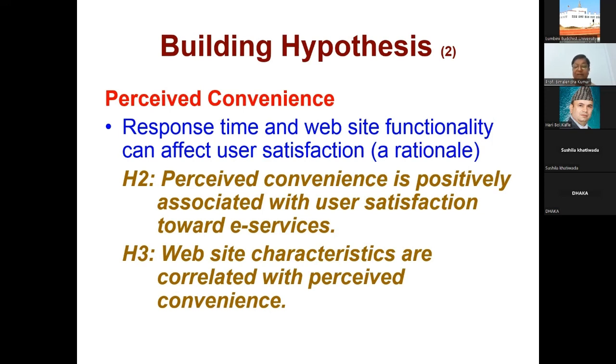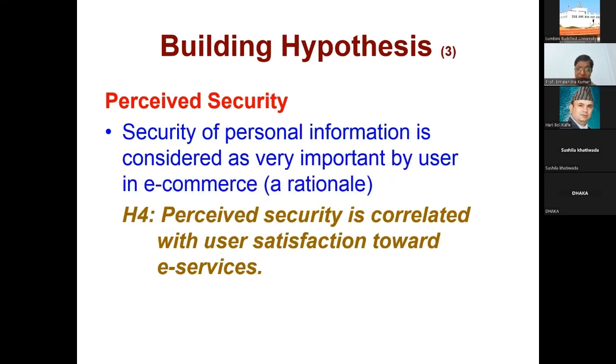Then website characteristics are correlated with perceived convenience. Now, perceived security. Security of personal information is considered very important by users in e-commerce.